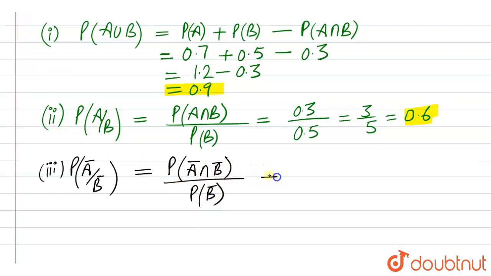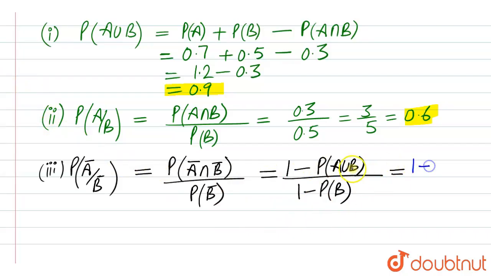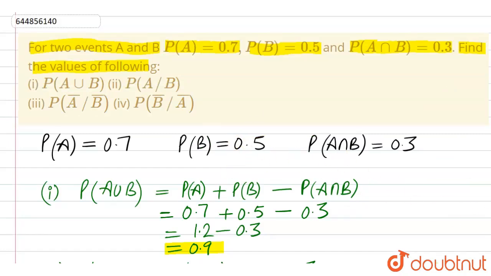Now here probability of A complement intersection B complement is total probability, that is 1 minus probability of A union B. So this becomes, and in denominator we have probability of B complement, which is 1 minus probability of B. So this is equal to 1 minus probability of A union B, which is 0.9, and probability of B we have 0.5.